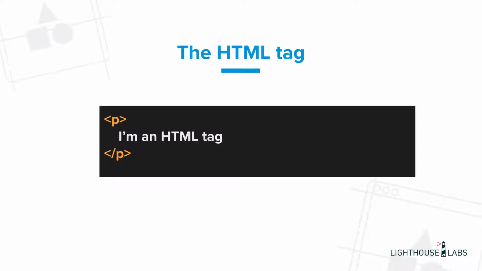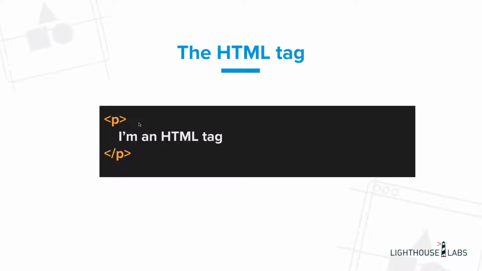Every HTML tag is basically made up of three parts. You have your opening tag, which is the top P there. You've got your content, which goes inside, and some tags don't necessarily have content that goes in between two tags, but we'll look at that a little bit later. And then you have a closing tag. The closing tag is always using that slash.